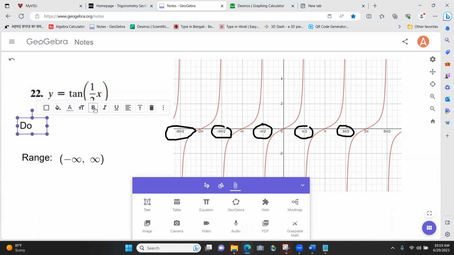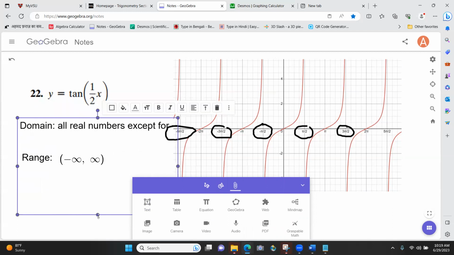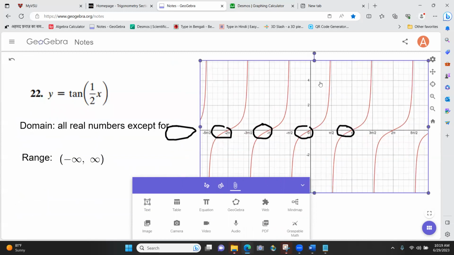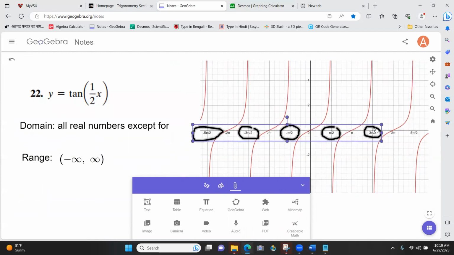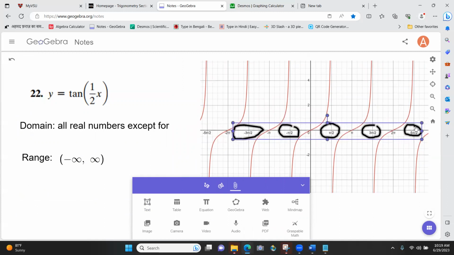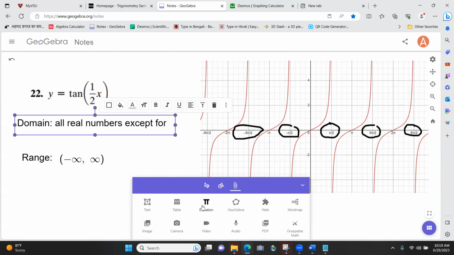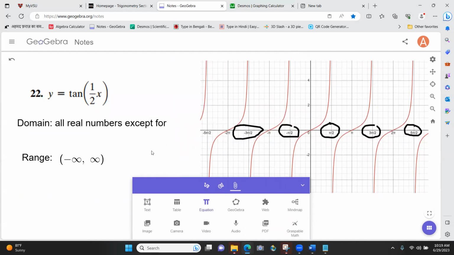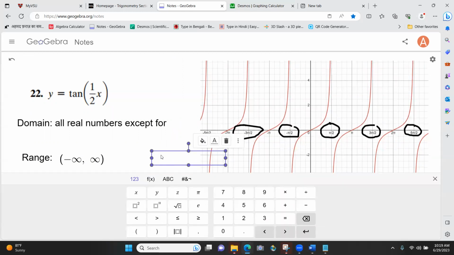Domain: all real numbers except for, let's enter the ones that are the exceptions. So these are pi over 2, plus minus pi over 2.